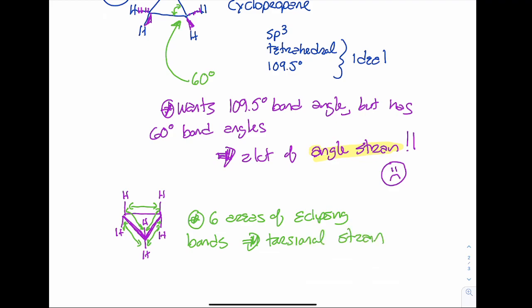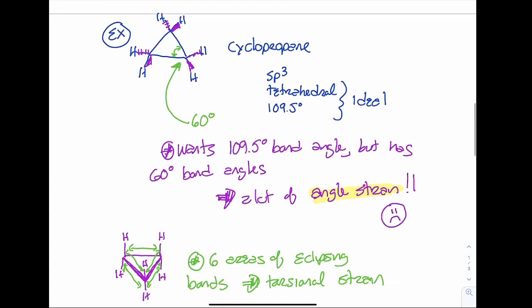So not only does cyclopropane have angle strain because we're forcing it into an equilateral triangle, and it doesn't want that, I'm going to show models later, and with the model kit I have, it's hard to even make that because the holes in the beads that represent the atoms are drilled to have 109.5 degree bond angles, and I'm trying to take hard plastic and make it 60. So if you try to make it with one of these models, you can actually feel the strain trying to make it.